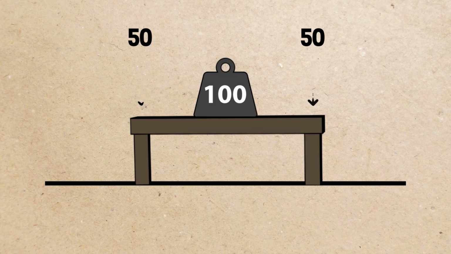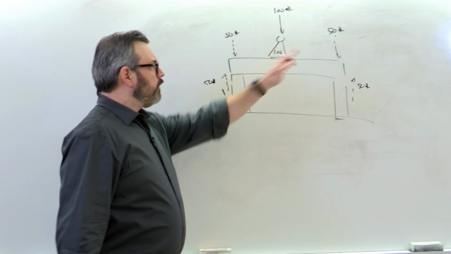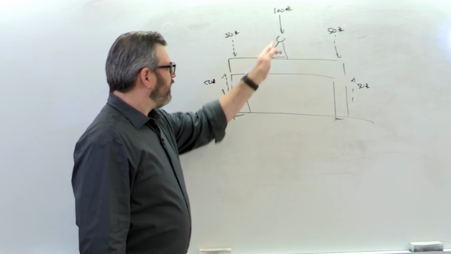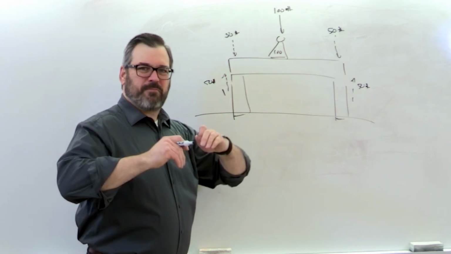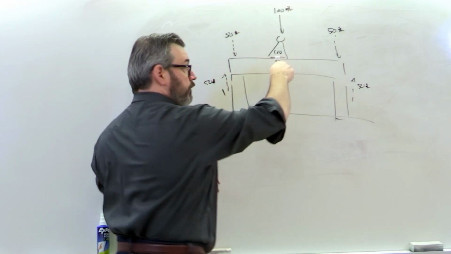If that beam isn't moving, and we don't want it to move because we want it to be in static equilibrium, then here, that column is pushing back with 50 pounds of force. Well, when that happens, this beam kind of wants to bend because there's force pushing this way on the ends and force pushing here in the middle.